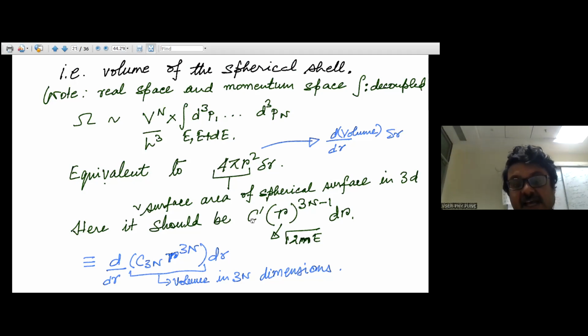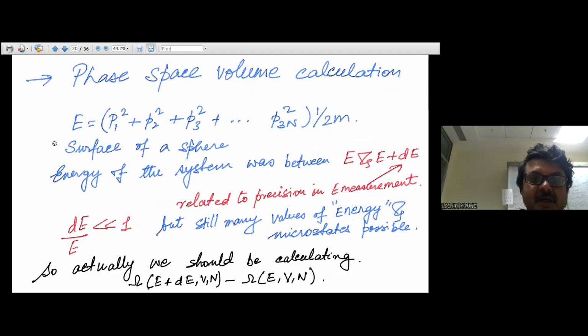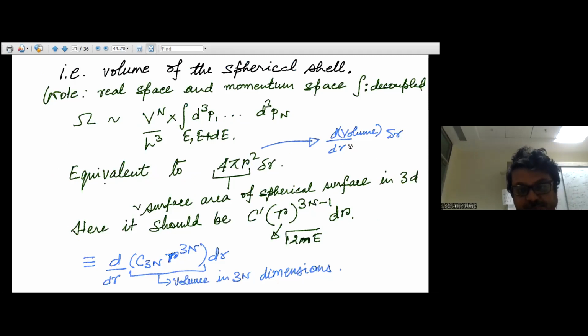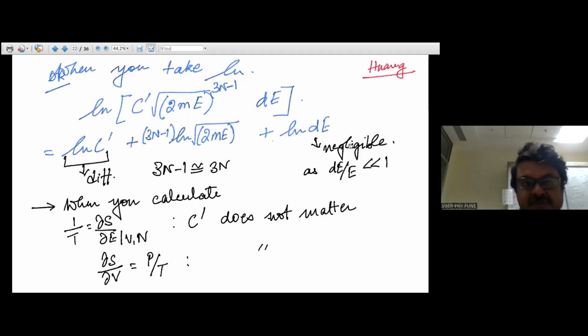So I'm writing C dash because when I was using volume, we had a prefactor of C3n, but here it is C dash, and r to the power 3n minus 1 into dr, where r, just to remind you, was root 2mE. If you write this as r squared, in terms of momentum you get the equation of the surface of a sphere.